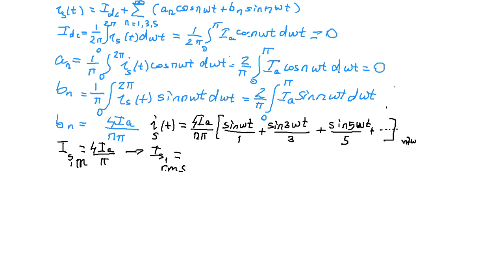So RMS is smaller than peak: 4 times IA over pi square root 2. This is 0.9 times IA.